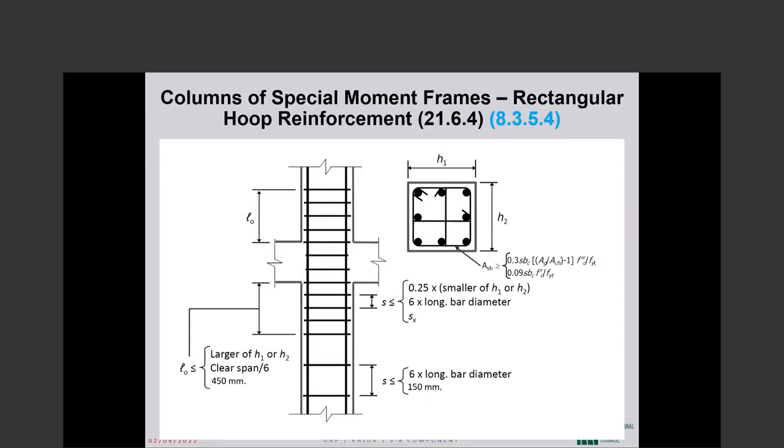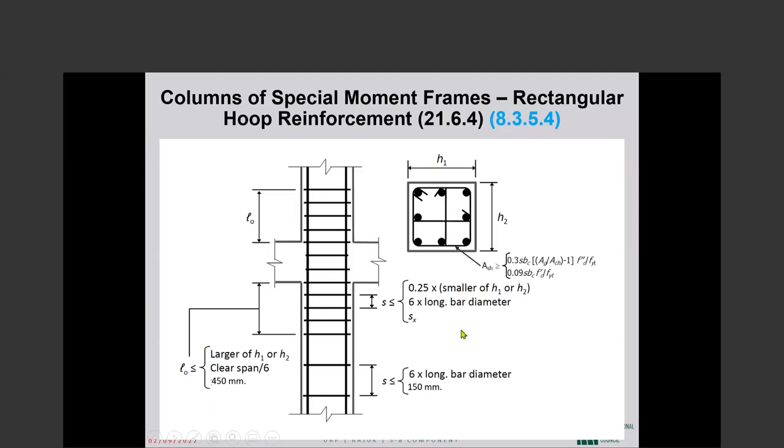To explain, I brought up the requirements for special reinforced concrete columns, which we will discuss later in the presentation. When we detail a special reinforced concrete column, we consider a region of potential plastic hinging at each end, the length of which is specified in the code.